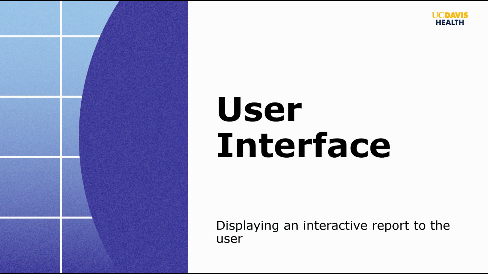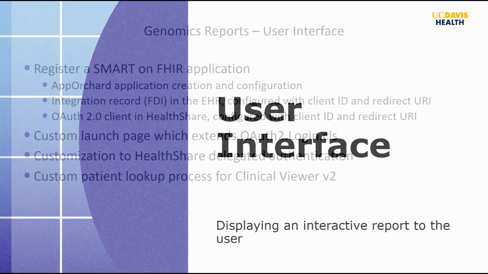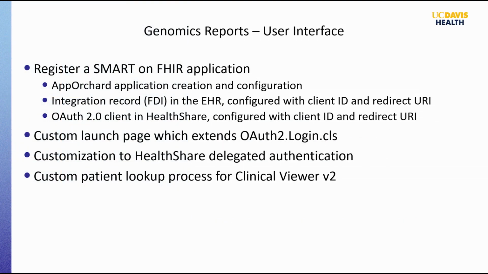All right, let's talk about a user interface. We registered a Smart on FHIR application in App Orchard. App Orchard is now known as App Market. And part of that, you get a client ID from Epic.